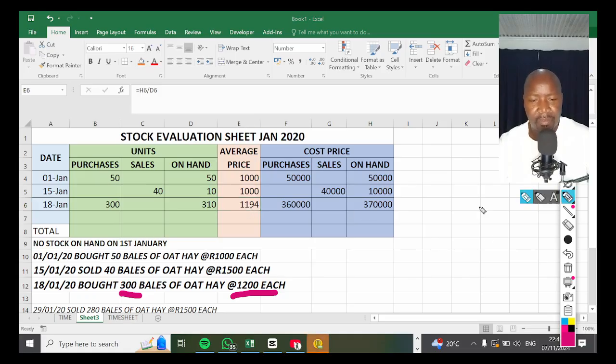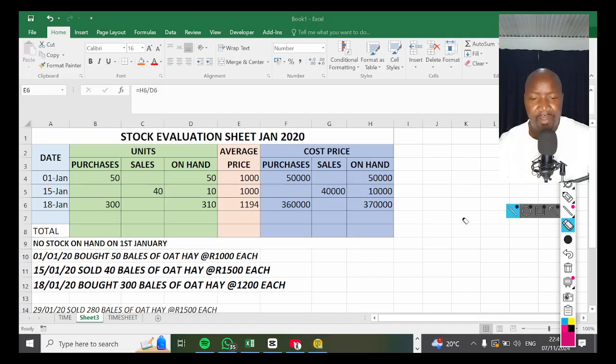It is the cost divided by the units. You get the price. That's how it goes, because I've seen the weighted average method confusing a lot of students.